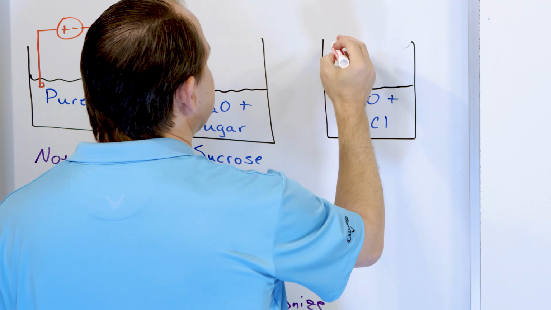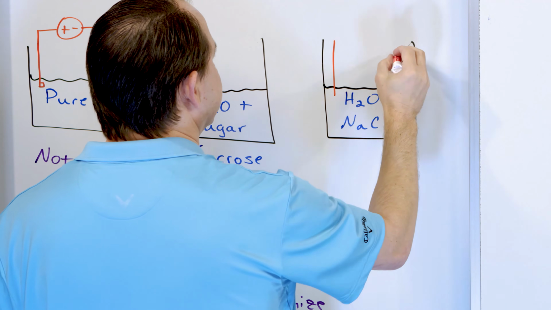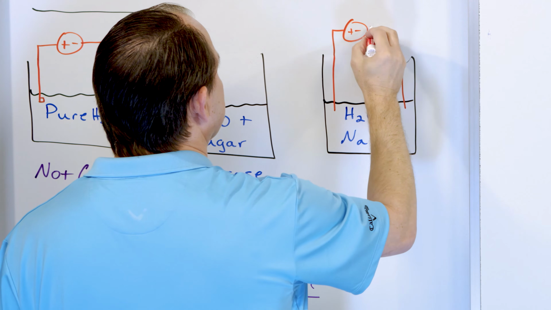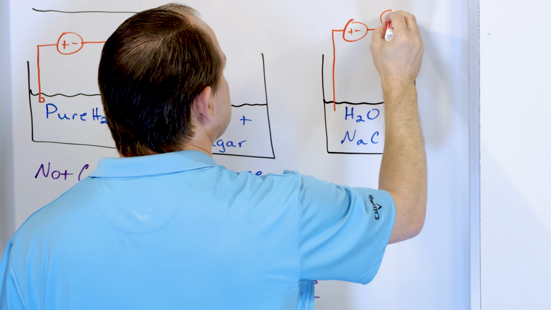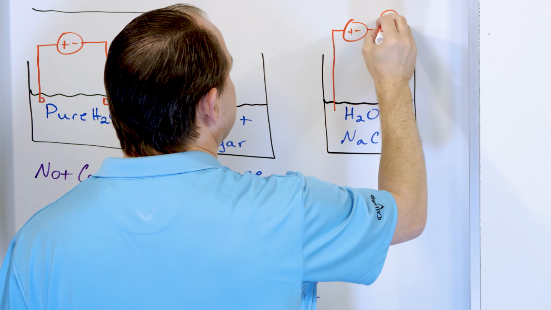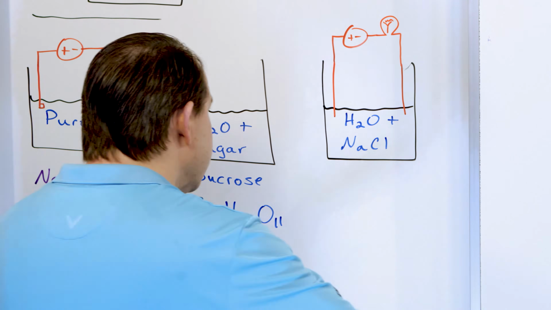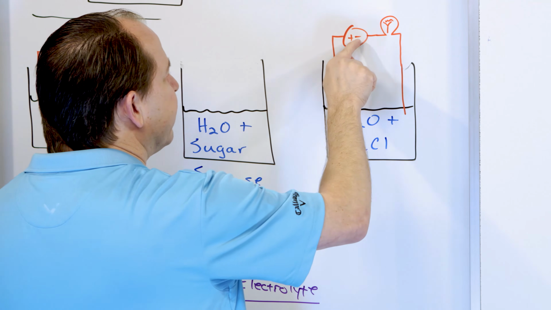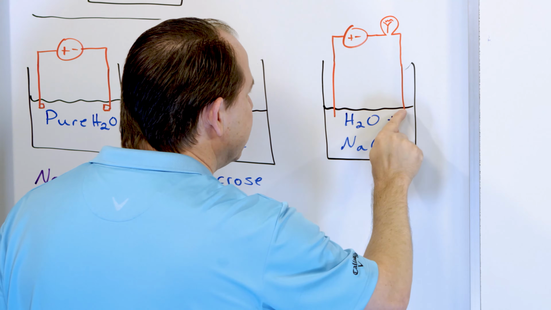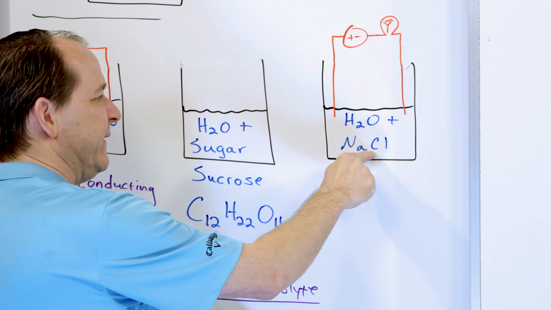So if we do this one, if we connect this one up to a circuit like this, and we can put a light bulb here if you want, that's my little light bulb, something like that, then these electrons are going to attempt to go through the light bulb. They're going to light it up, they're going to go into solution, and this sodium chloride behaves differently than sugar.